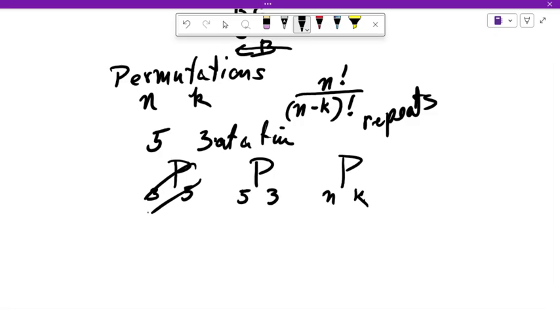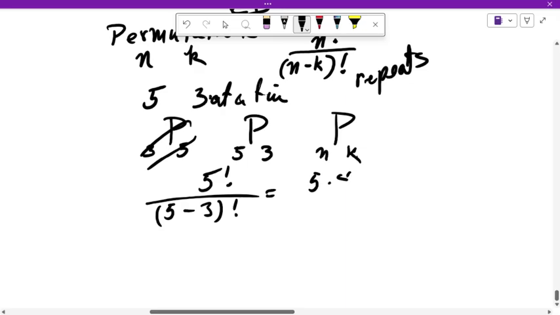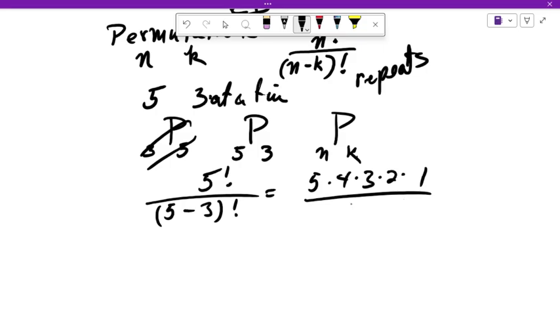Order matters, no repeats. So 5 things taken 3 at a time is 5 factorial divided by 5 minus 3 factorial, which is 5 times 4 times 3 times 2 times 1. 5 minus 3 is 2, so we have 2 times 1.